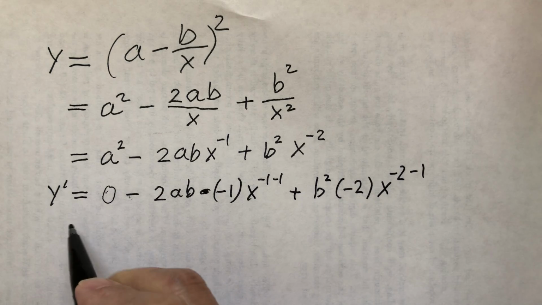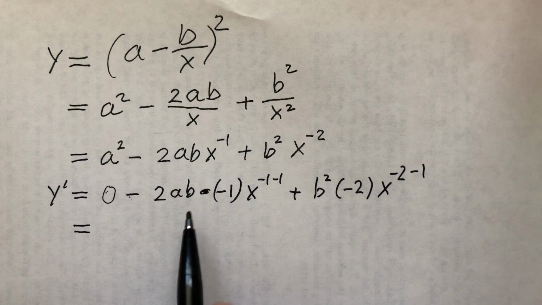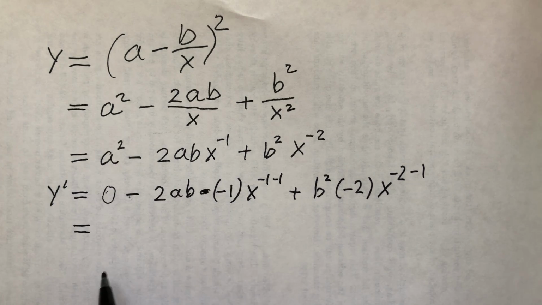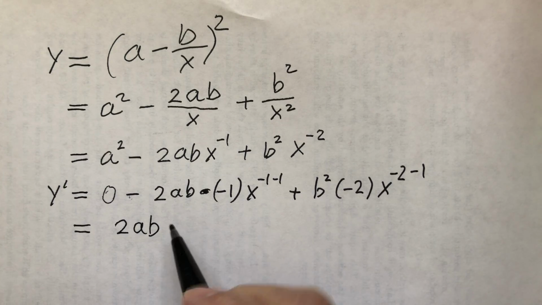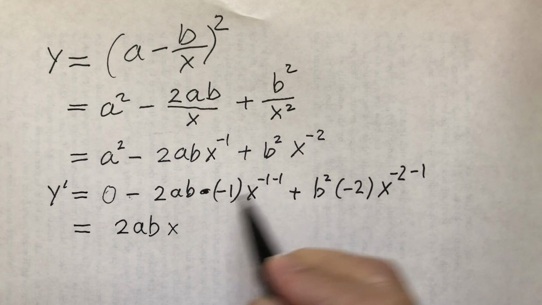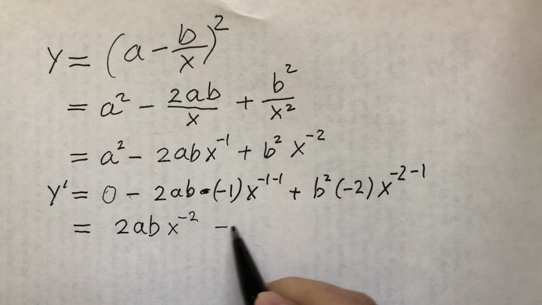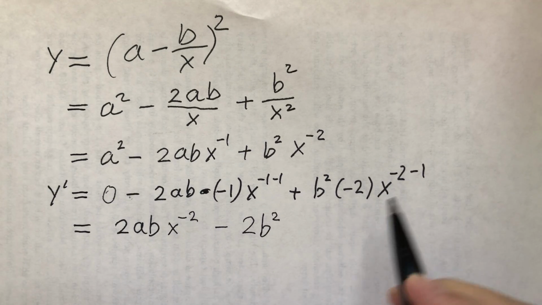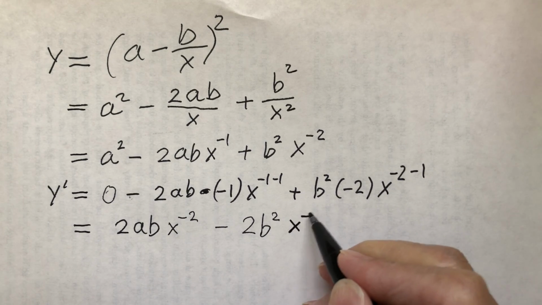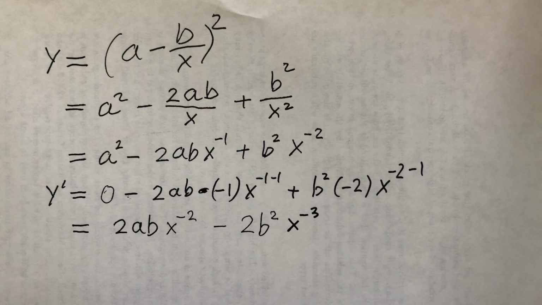Okay, now I simplify it. Negative negative becomes positive, so I have 2ab x to the power negative 2, and negative here, negative 2 minus 1 is negative 3. So that is my final answer. Okay, good.